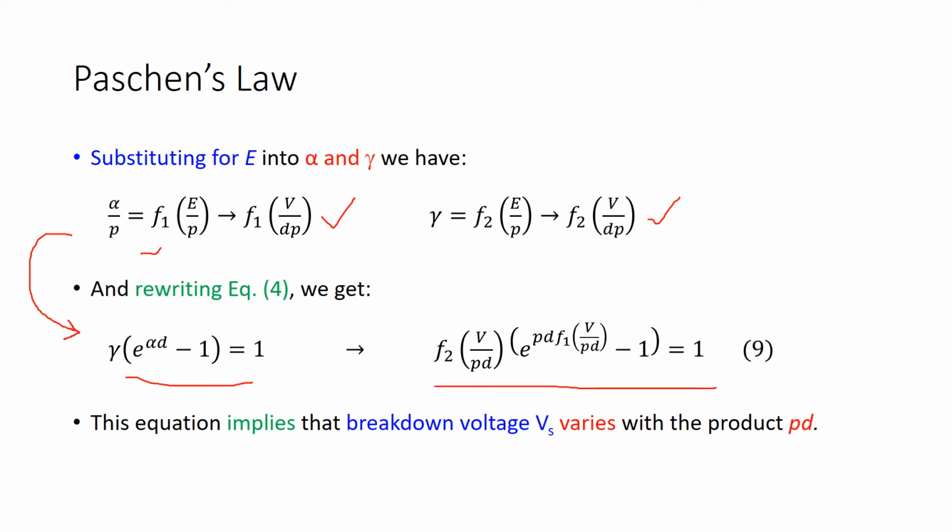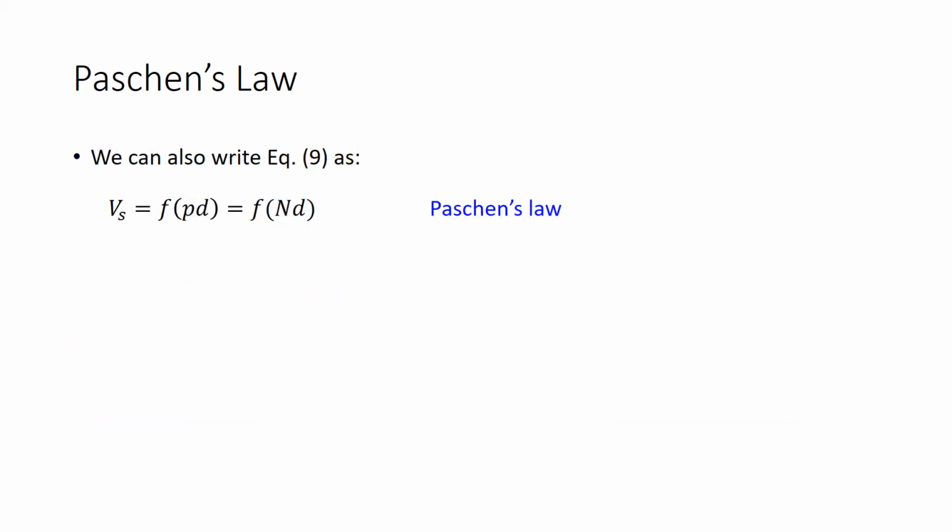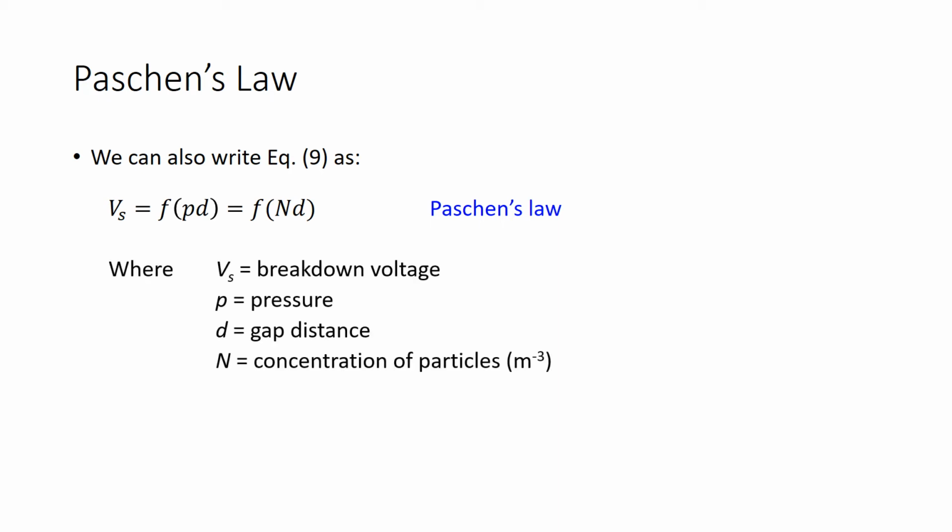And this equation implies that the breakdown voltage Vs varies with the product rho d. We can also write equation 9 as Vs equals F of p and d, where Vs is the breakdown voltage, p is pressure, d is gap distance, and N is the concentration of the particles.